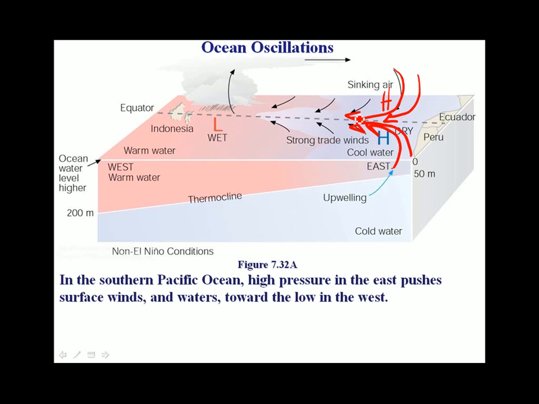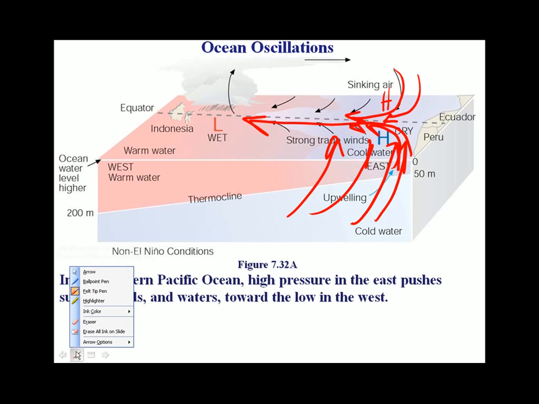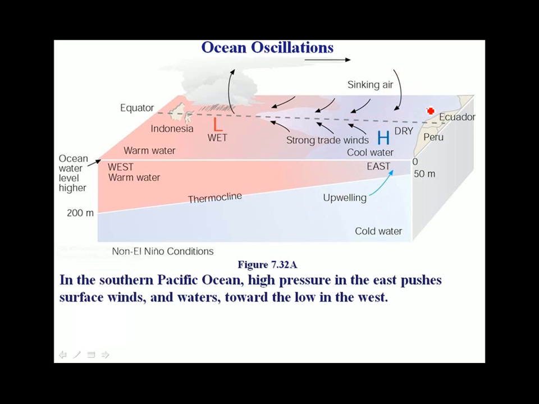In fact, it'll drag a lot of the surface water and move it from east to west. And so now this allows more of the cold water from subsurface to move up to the surface. And so you have a very large pool of cooler than normal waters. That is during a La Nina.